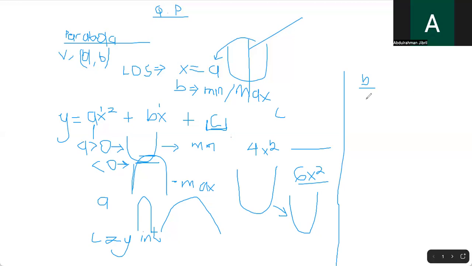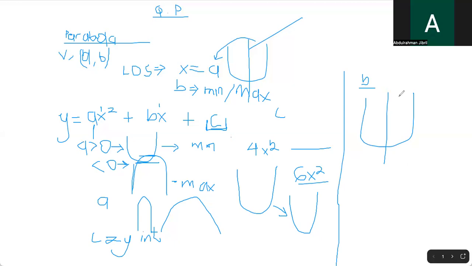Okay, so let's say you have a graph of a parabola to be like this. And then you have your line of symmetry here, of course. Now the slope, the B tells us the slope of this graph as it passes through the y-intercept.